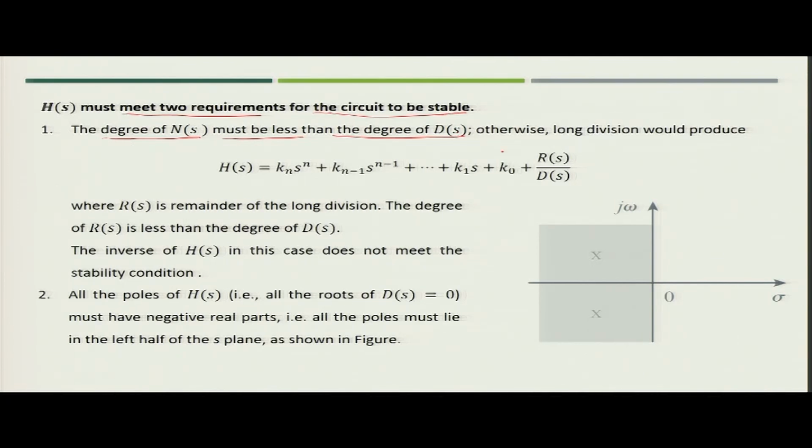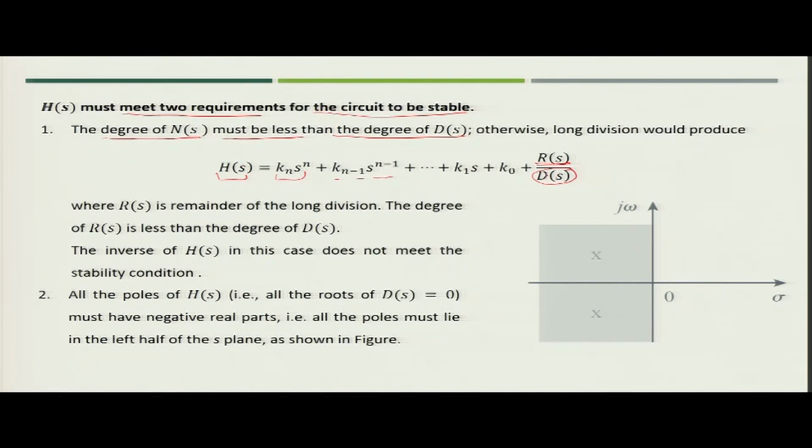If it is not, then what will happen? If the degree of the numerator is more than the denominator, you can represent H(s) as some expression of terms k_n s to the power n and so on, plus some residual where the degree of the residual is less than the denominator.